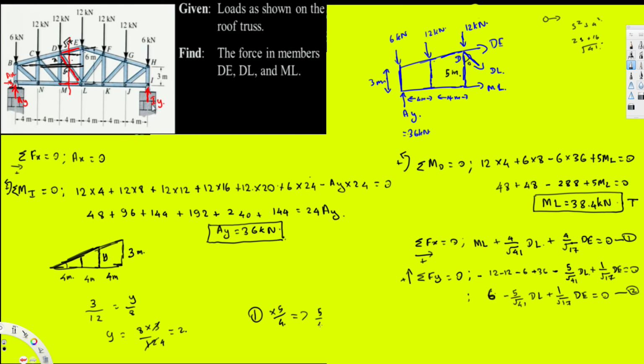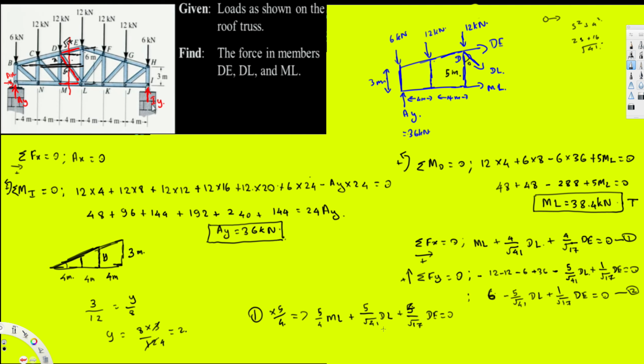5 over 4 mL plus 5 over square root of 41 dL plus 5 over root 17 dE equal to 0. Now if we add both of them together, we can cancel each other, 2 and 3, because 5 over root 41 minus 5 over root 41 will cancel each other.